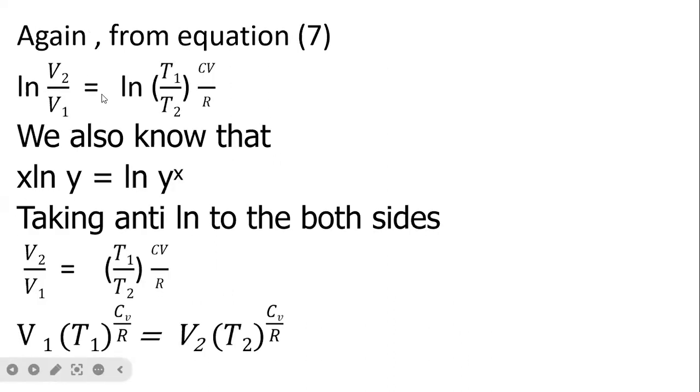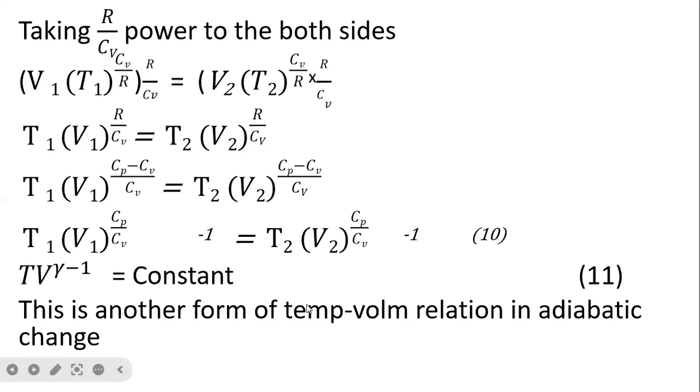Again, from equation 7, ln V2 by V1 equals Cv by R ln T1 by T2. Taking the antilog on both sides, V2 by V1 equals (T1 by T2) to the power Cv by R. Rearranging, V1 T1 to the power Cv by R equals V2 T2 to the power Cv by R. Taking the R by Cv power of both sides, Cv by R cancels, so T1 V1 to the power R by Cv equals T2 V2 to the power R by Cv. R is Cp minus Cv, so R by Cv equals Cp by Cv minus 1, which is gamma minus 1.